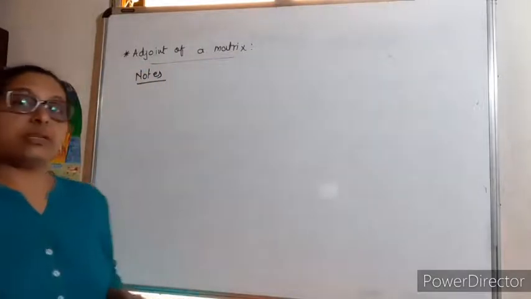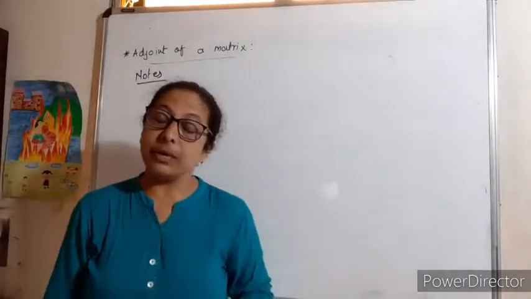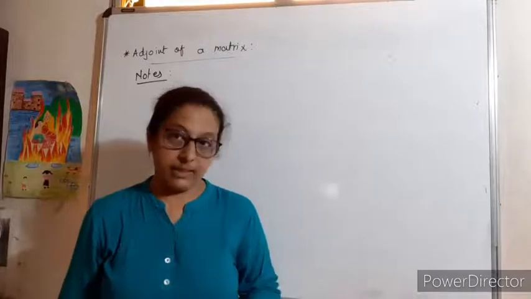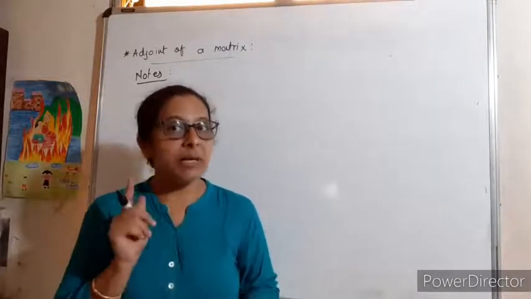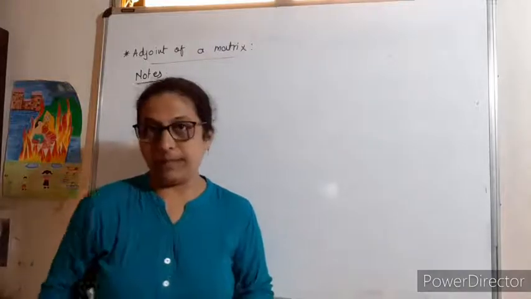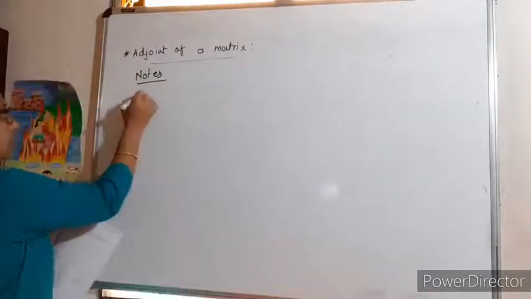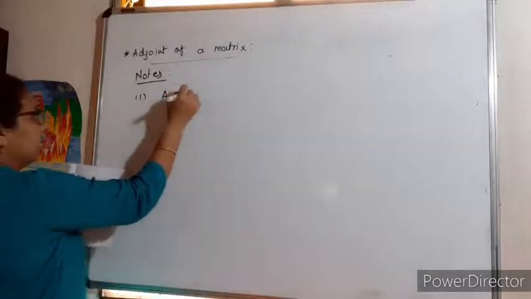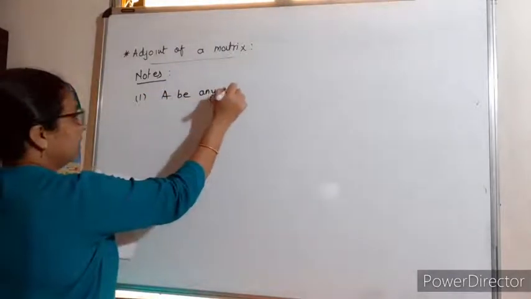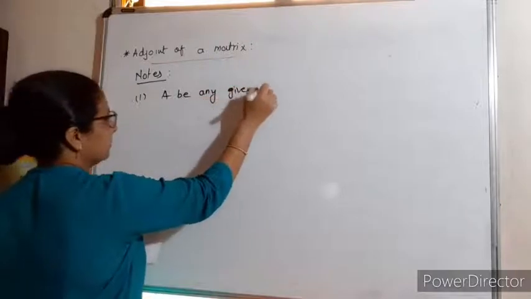Notes. These are some theorems about the adjoint, but theorems are never asked in the exam. We have to remember them because in a 1 mark question we need these. So first, let A be any given matrix.